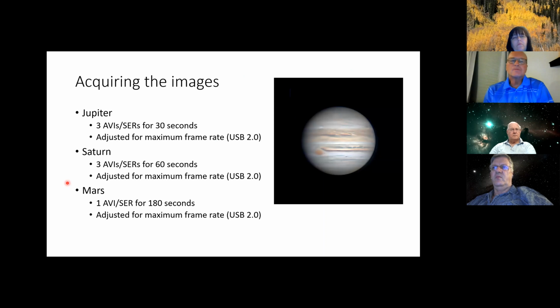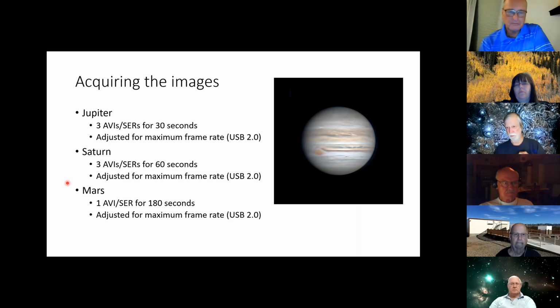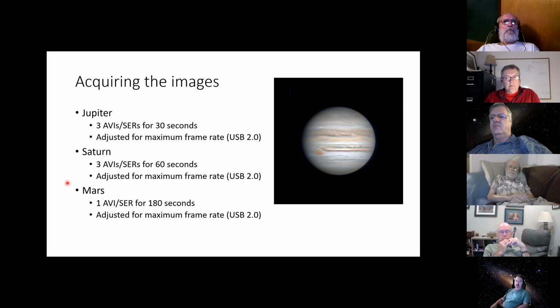So to acquire the images, as I said, what I did was get the planet on the chip of the camera and then switch back and forth between the two software packages so that the data was collected in approximately the same time frame. Not always, and you'll see some of the results of that as I go along.